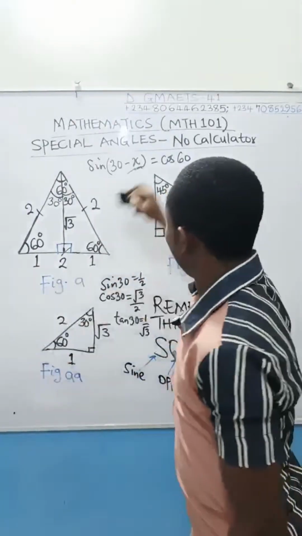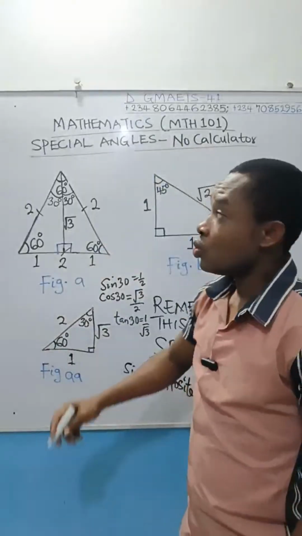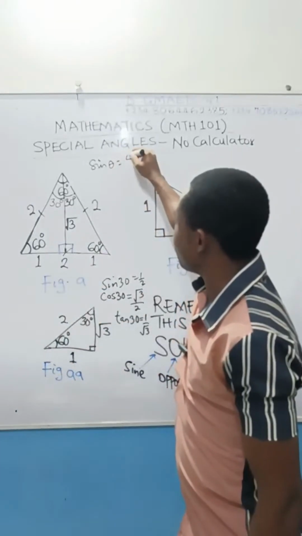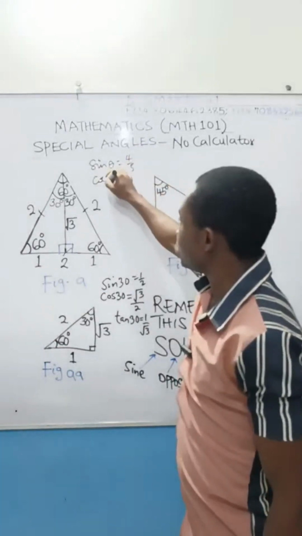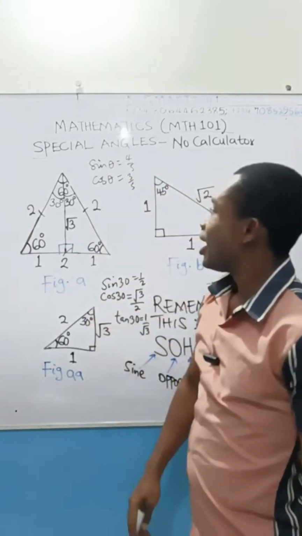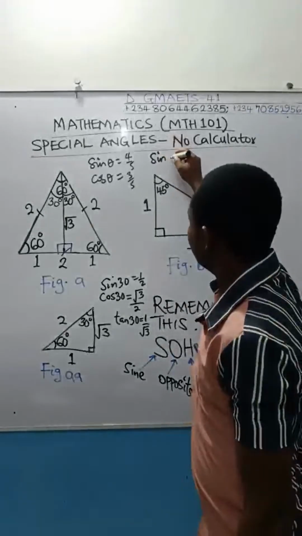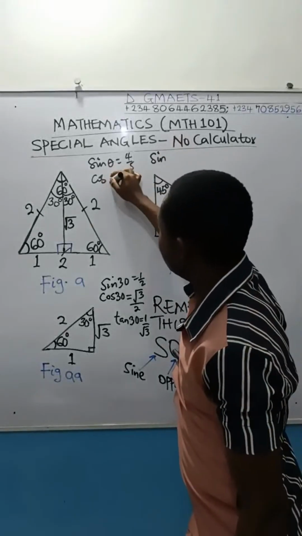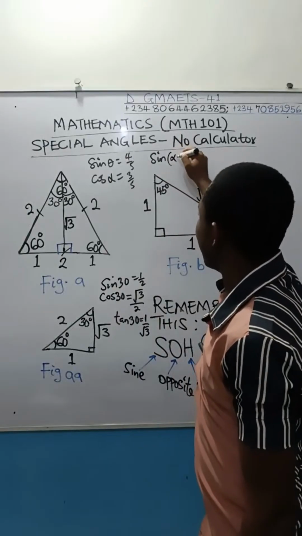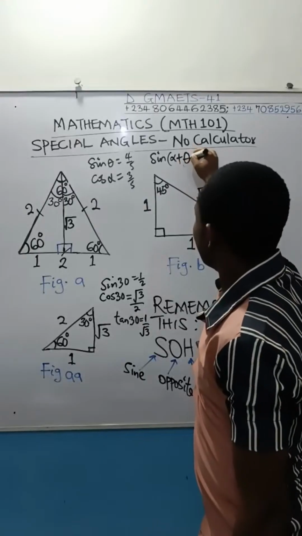And then, of course, finally, we'll graduate to this type of questions where you'll be told that sine theta is equal to, let's say, 4 over 5. Cos theta is equal to, let us say, 3 over 5. And then I say you should evaluate, let's say, cos alpha. And then I tell you to evaluate, let's say, sine alpha plus theta.